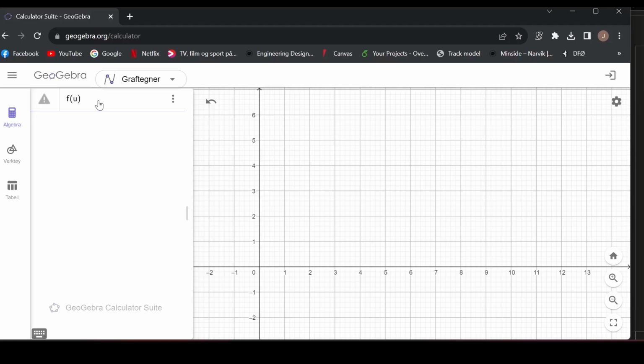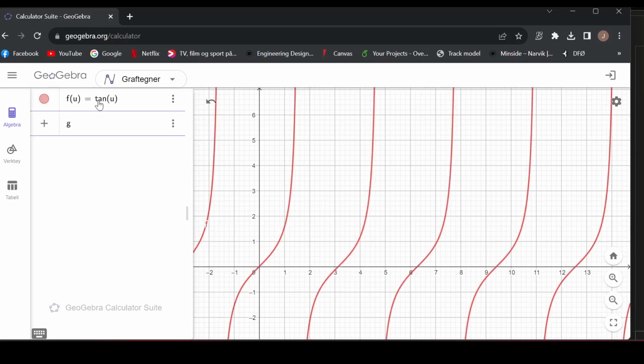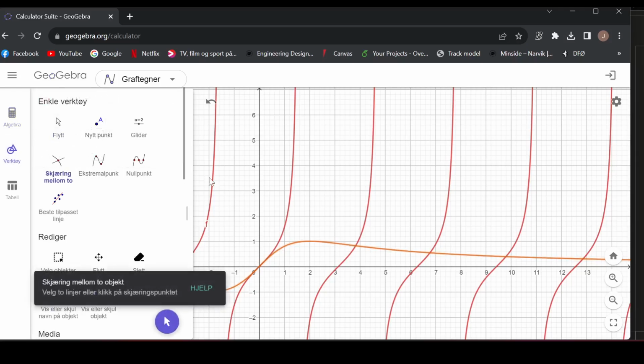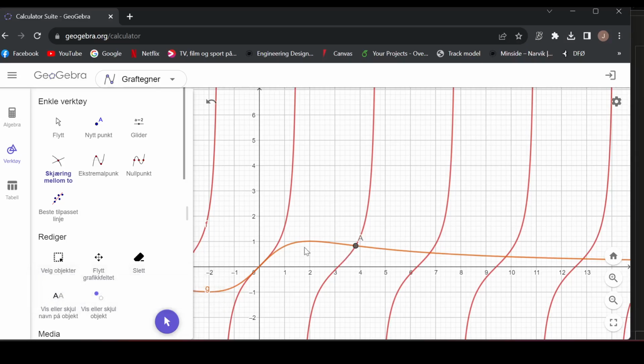F of U equals tangent U. G of U equals 4U divided by U squared plus 4. And we want to find out where these two are equal.